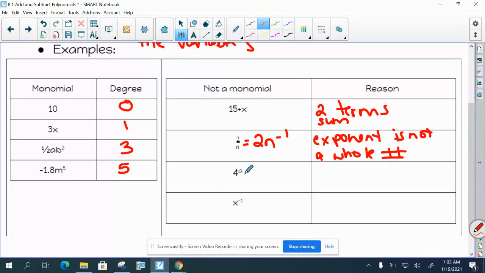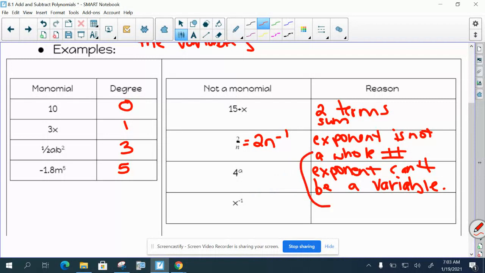For here, 4 to the a, well, the exponent isn't a whole number, it's a variable. So exponent can't be a variable. X to the negative first, and this would be the same thing as this, for the reason that the exponent isn't a whole number.